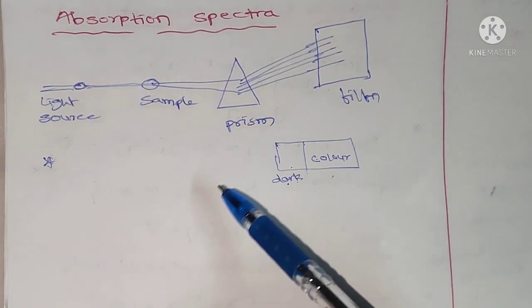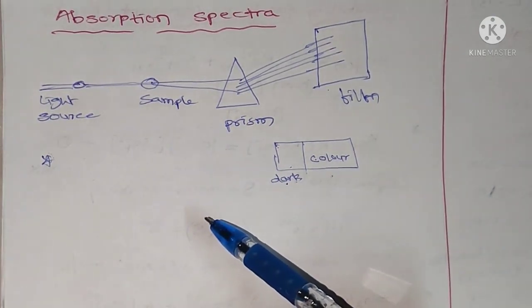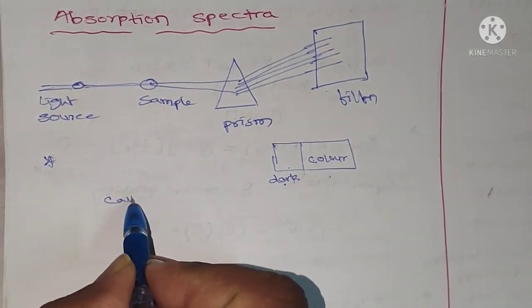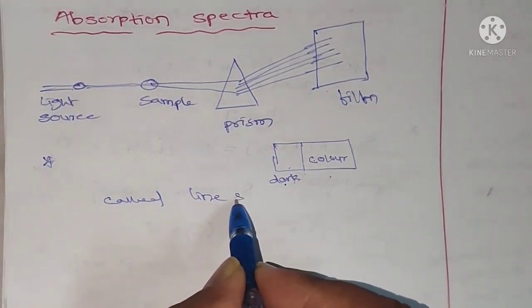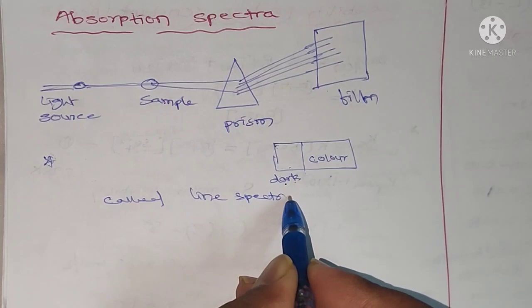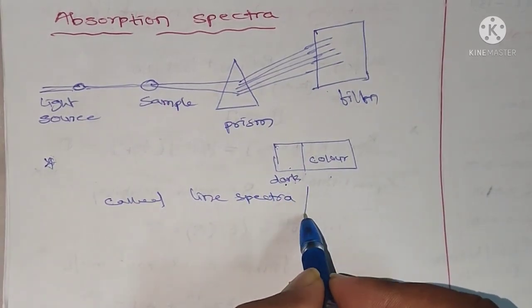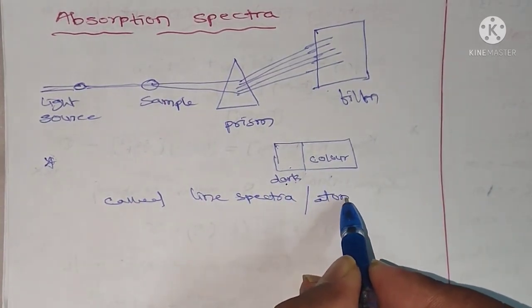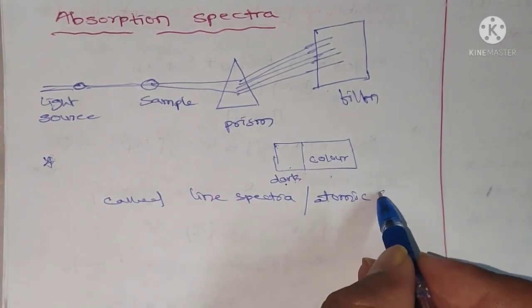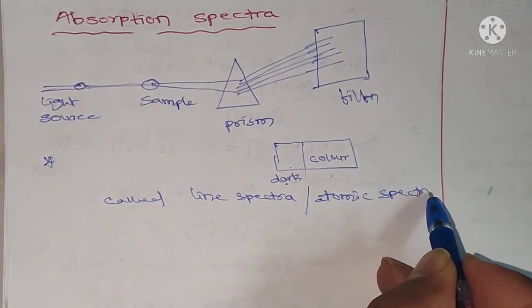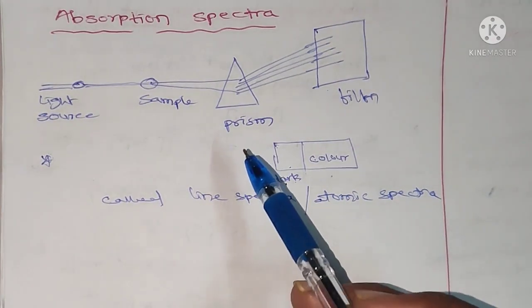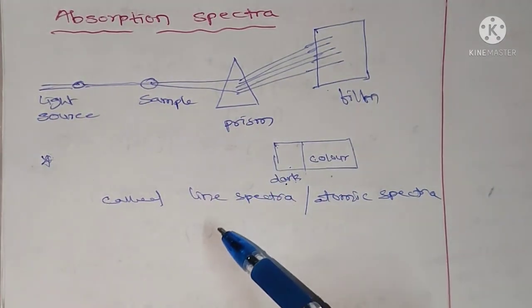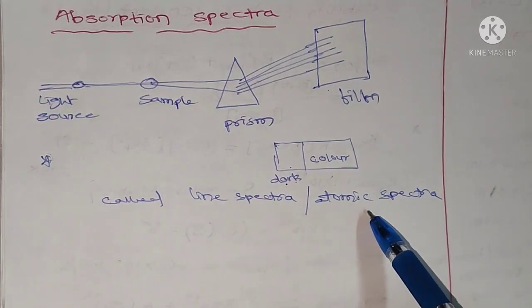So these emission and absorption spectra are called line spectra or atomic spectra.